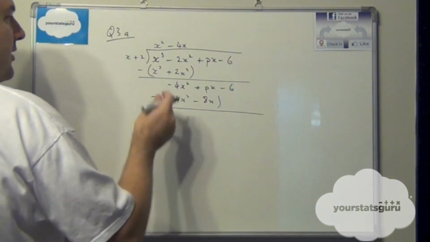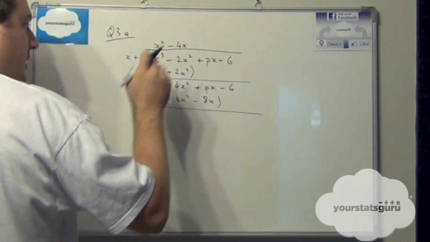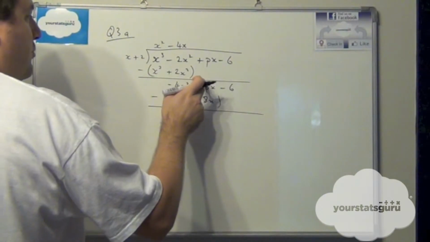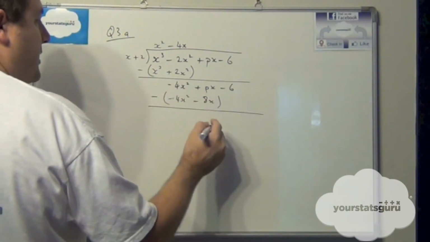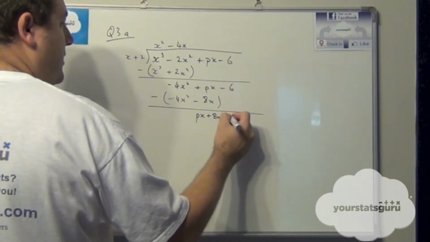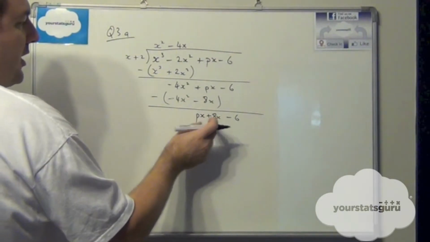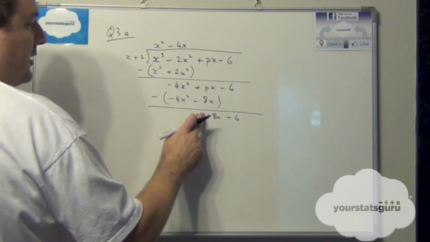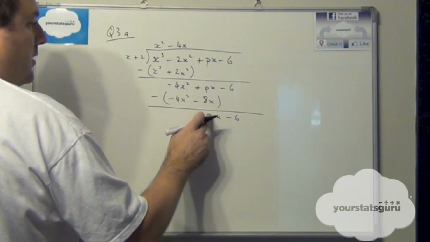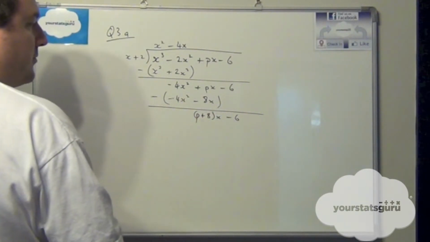And we're left with negative 4x squared minus negative 4x squared disappears. px minus negative 8x gives us px plus 8x, minus 6. Now clearly px plus 8x can be rewritten as p plus 8 outside of x.